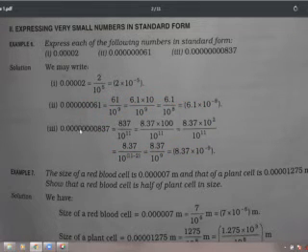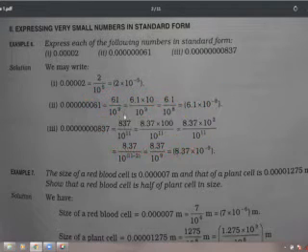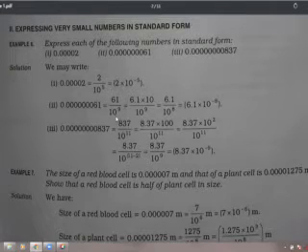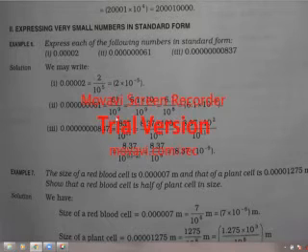So let's count: 1, 2, 3, 4, 5, 6, 7, 8, 9, 10 and 11. Okay, so 10 to the power 11 it is, and here the point has been kept after 1 digit, so it will be 100. 8.37 into 100. Whenever we remove the point, making it move towards the right direction, when the point moves towards the left of the numbers, as many places as it moves left, that much 1 into that many 0s will be there.